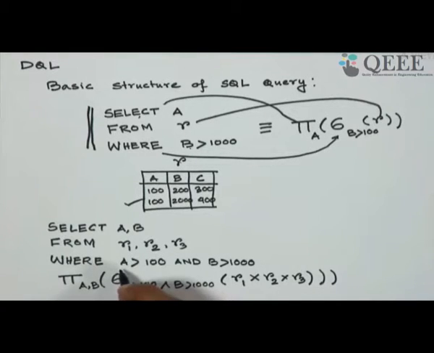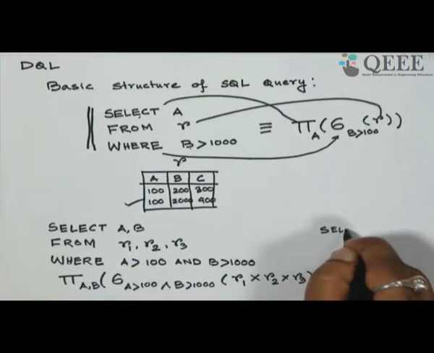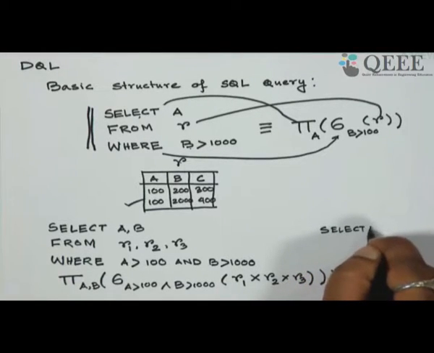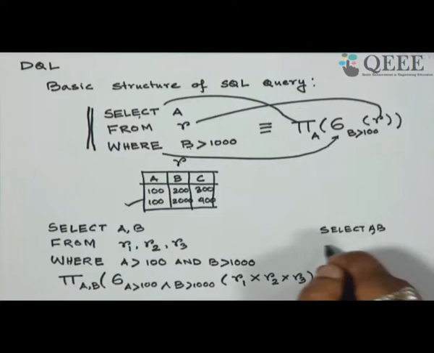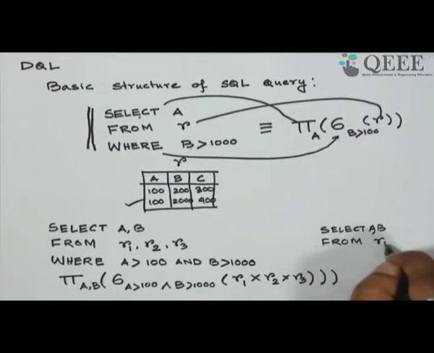In fact, the where is optional, you can have just this. So it will select basically all the tuples of R1, R2, R3 without any condition and project it to AB.